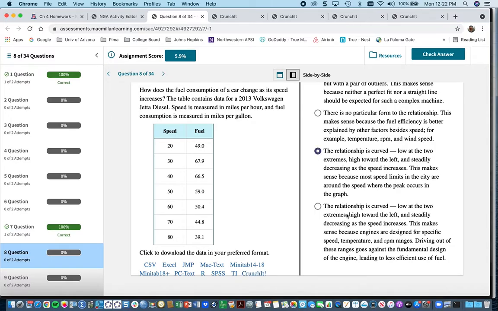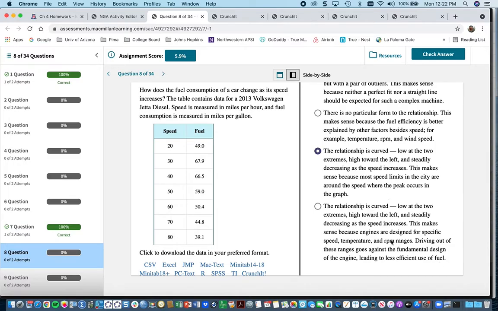This one says it's curved, it's low at the two extremes, high towards the left, and steadily decreases as the speed increases. This makes sense because engines are designed for specific speed, temperature, and RPM ranges. Driving out of these ranges goes against the fundamental design of the engine, leading to less efficient fuel use.